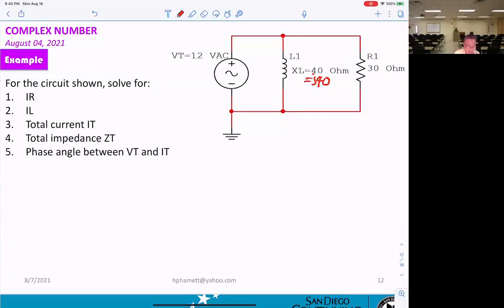Okay, so normally they want IR and they want IL. Okay, you do it for me.